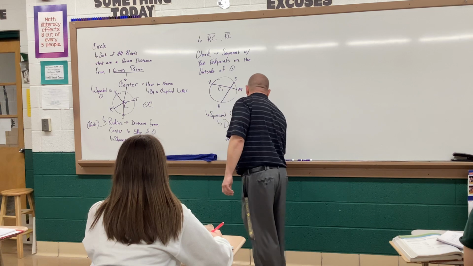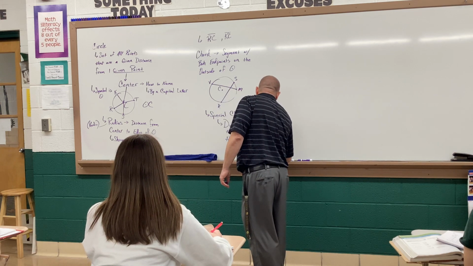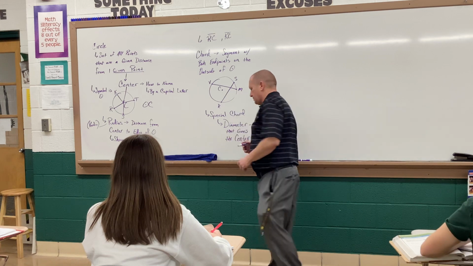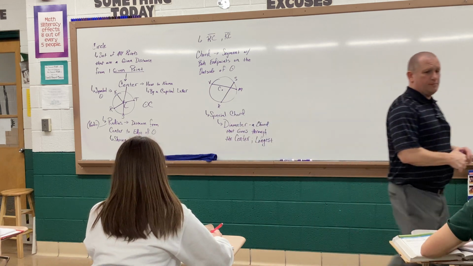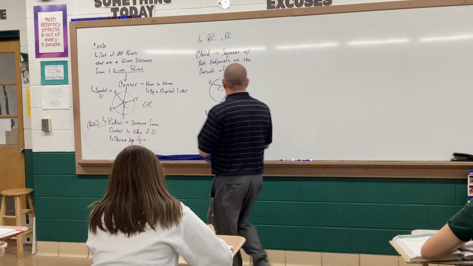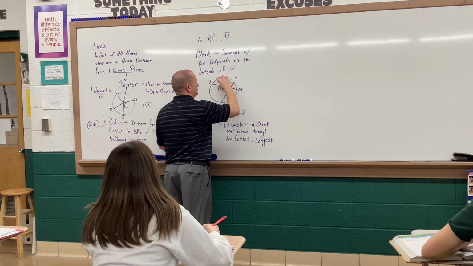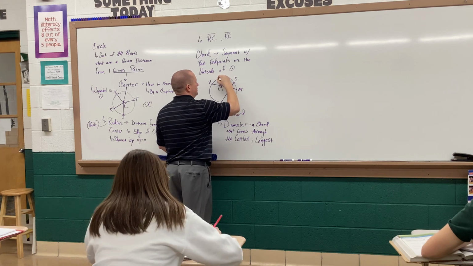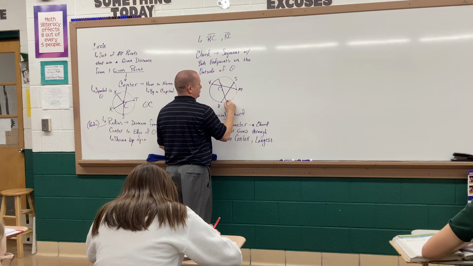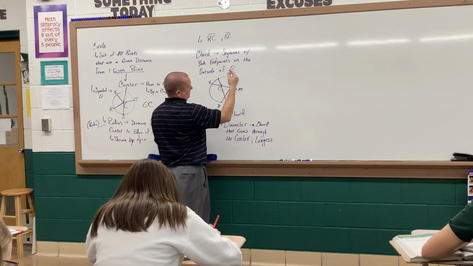So the diameter is the longest chord. Every single time, right? And when you draw this diameter, it's still a chord. I'd really want to use a ruler probably. And we call this one, what do I got here?